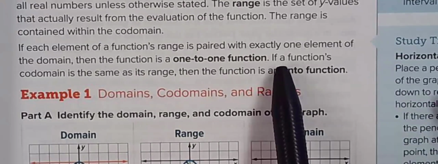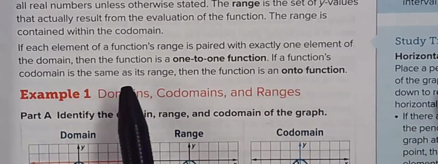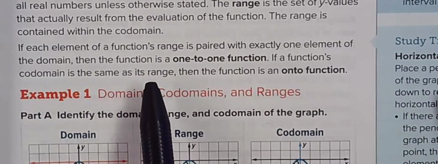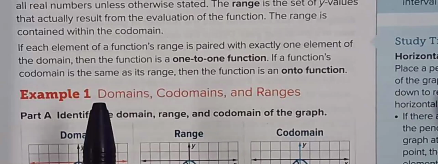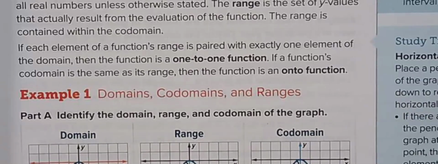But here's our definition. If a function's codomain is the same as the range, and if you go back and think about those functions, we had the straight line that went positive and negative on the x's, and it went positive and negative on the y's forever in both directions. We also had the last function that came down and went up, and scooped back down, then went back up again. So it was all real numbers here, and it was all real numbers here.